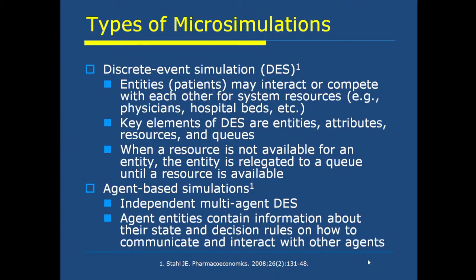Key elements of discrete event simulation are entities, attributes, resources, and queues. When a resource is not available for an entity, the entity is relegated to a queue until a resource is available. Agent-based simulation: independent multi-agent discrete event simulation. Agent entities contain information about their state and decision rules on how to communicate and interact with other agents.